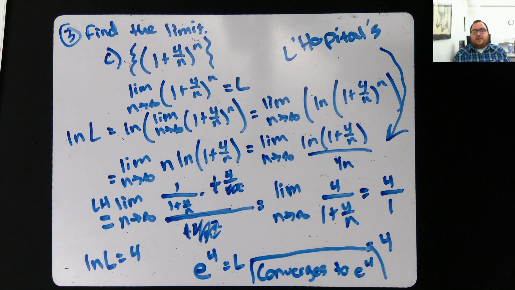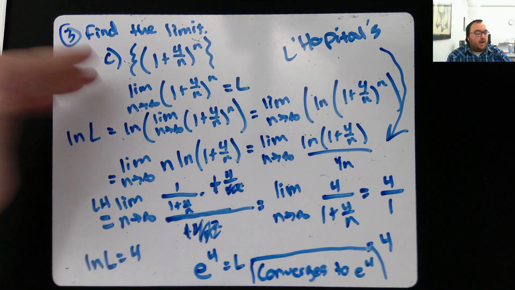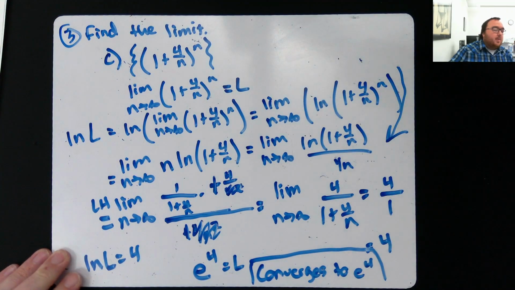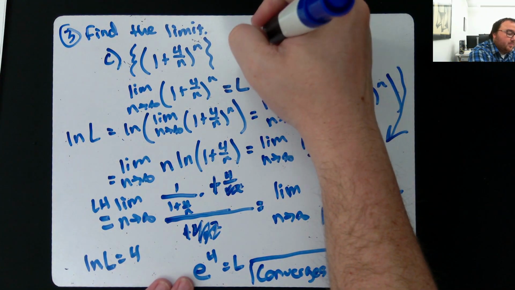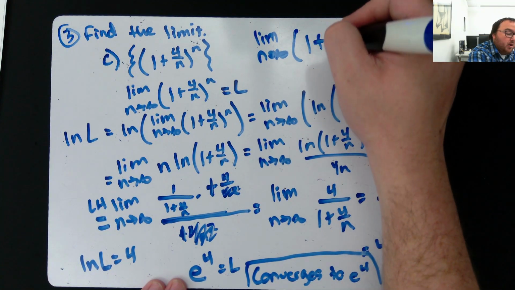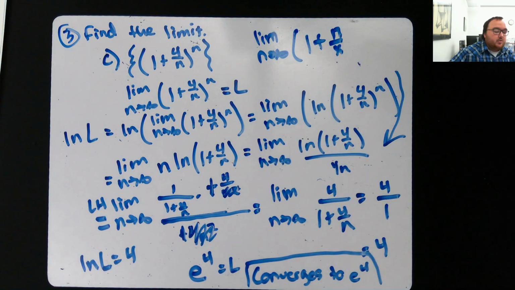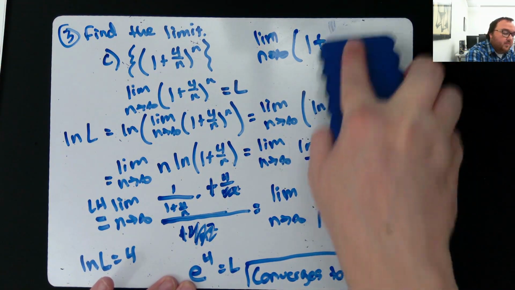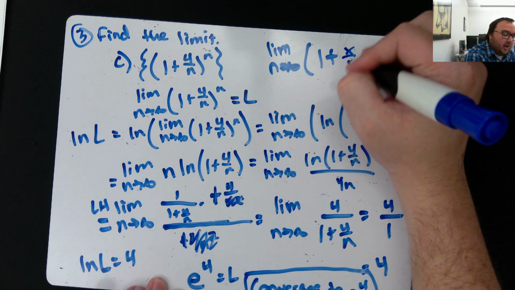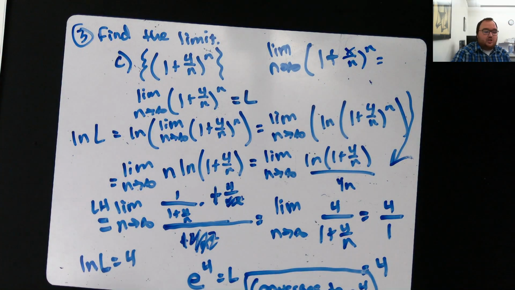Now, am I going to expect you to do this every time? No. In Cal 1, after we did this, we figured out this is actually really nice, because if I ever have the limit as n goes to infinity of (1 + x/n)^n, this is just e to the x.